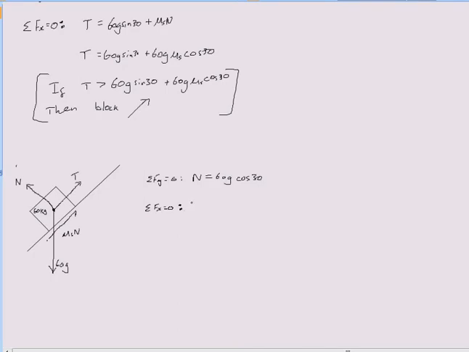This is just our two extreme cases, and that means that T plus mu s N, or I'll just write mu s 60g cosine 30, is going to be equal to 60g sine 30, right? The sum of forces up the hill is going to be equal to the sum of forces down the hill, in the case that the block isn't moving, 60g sine 30. I should also write a 30 here, just there, so you guys know.